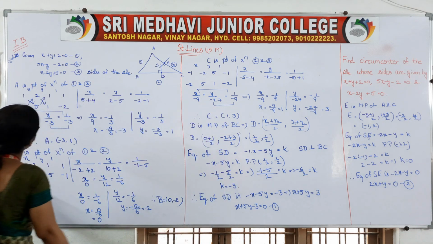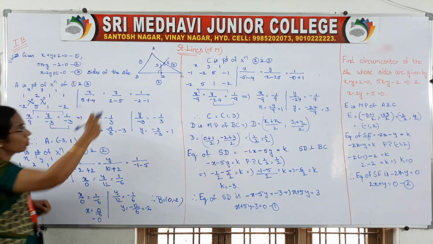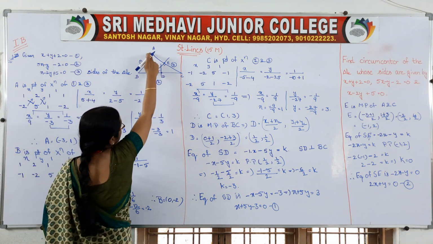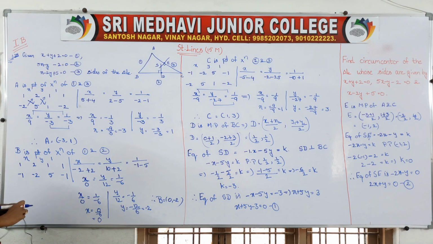So once again let me explain this question. See, these are the three sides of the given triangle, okay? So AB, BC and CA. These are the three sides. We have to find the circumcenter of the triangle. So how will we find it?